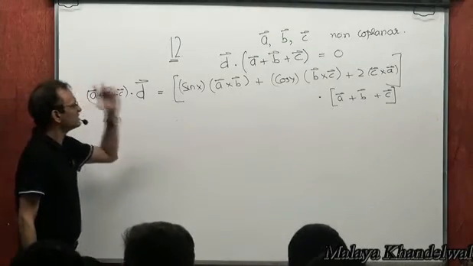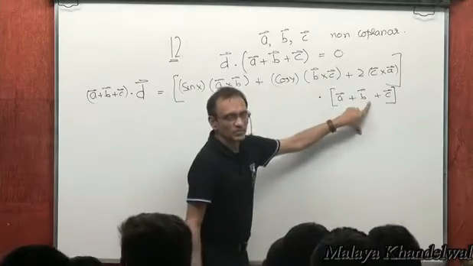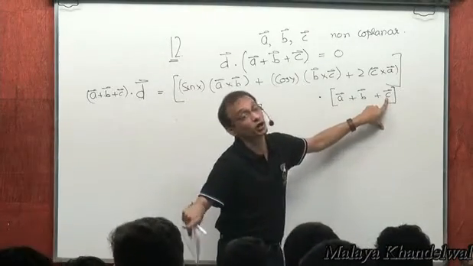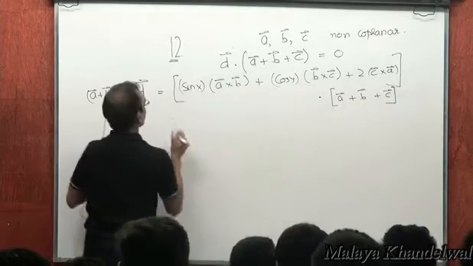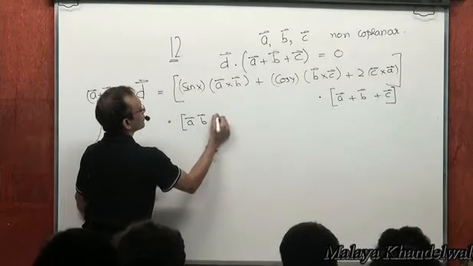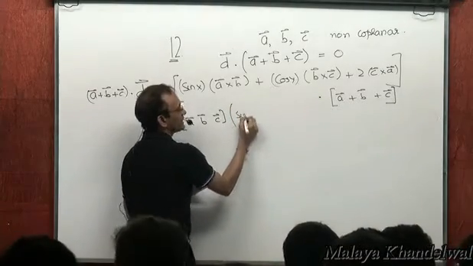Now A cross B dot A will be 0, A cross B dot B will be 0, and A cross B dot C would be the scalar triple product ABC, into sin x, right?